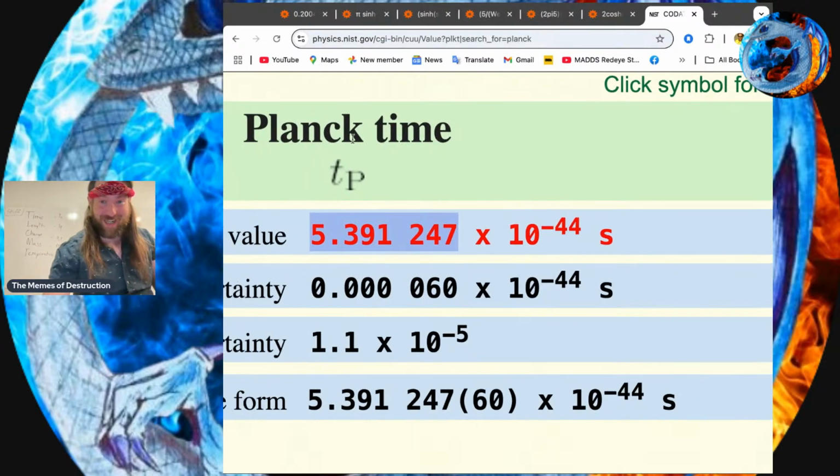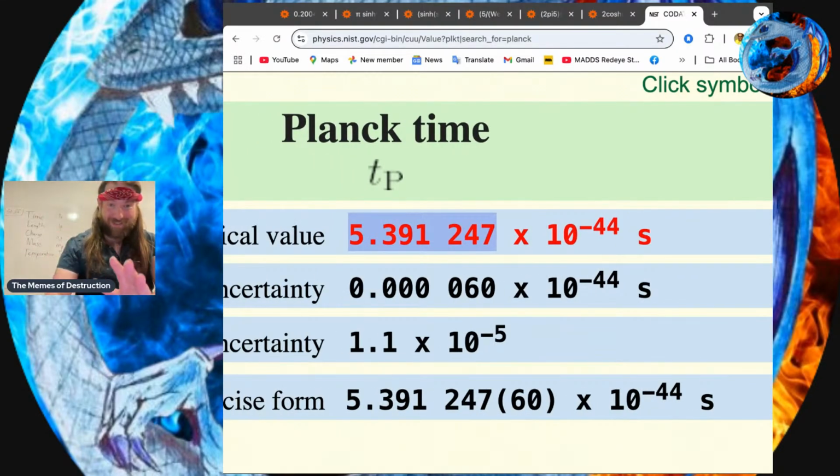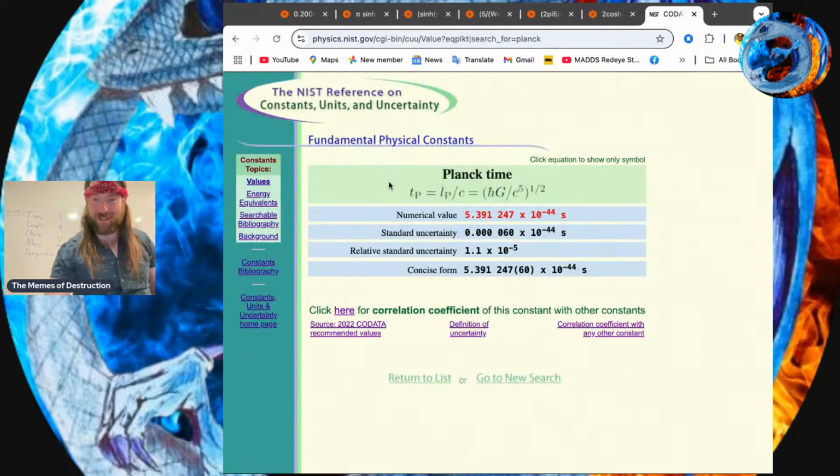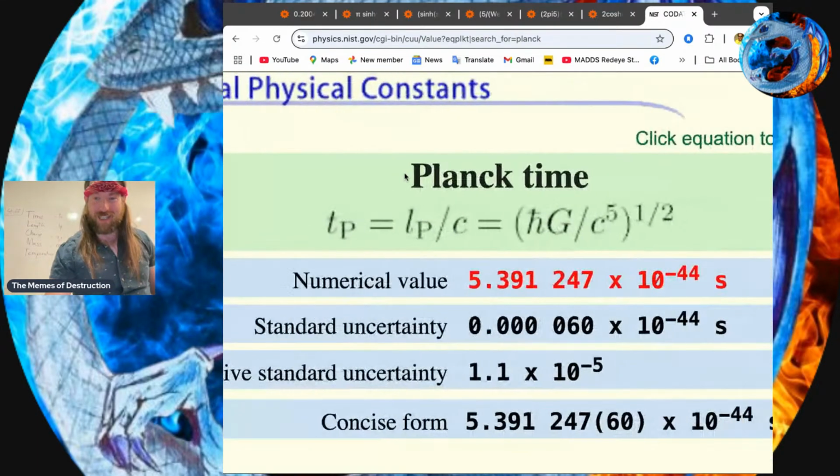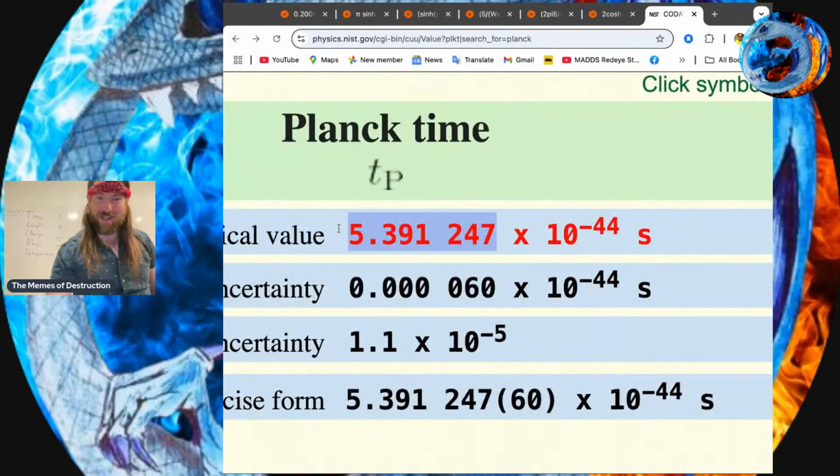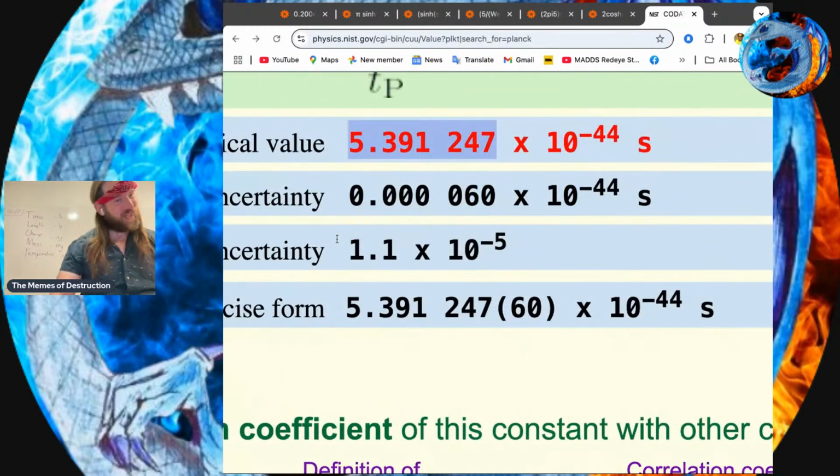Dude, there's literally a magic box. This window is a box where I can just seek out information. I can click on the symbol and you can see its definition right there. Oh my God, it literally is freaking magic. So remember, my friends, any sufficiently advanced technology is indistinguishable from magic.